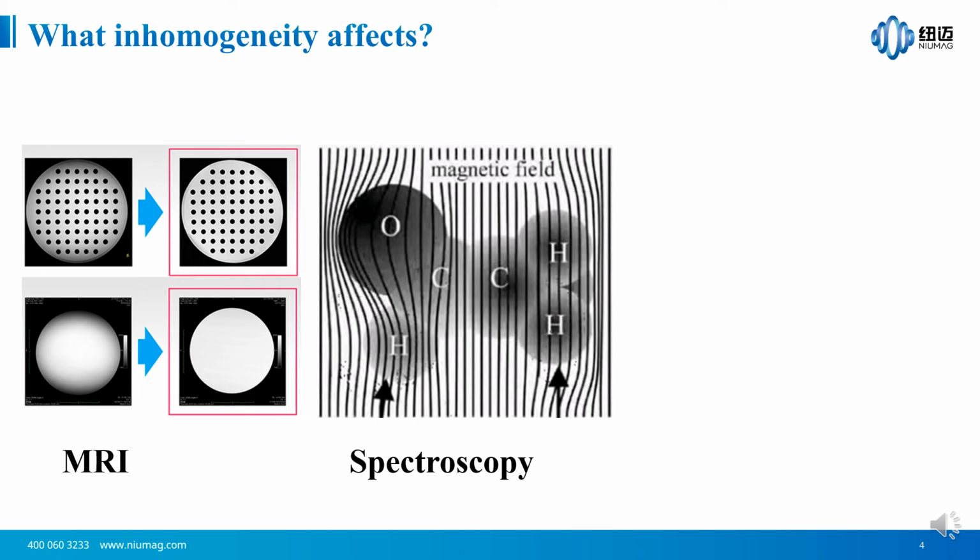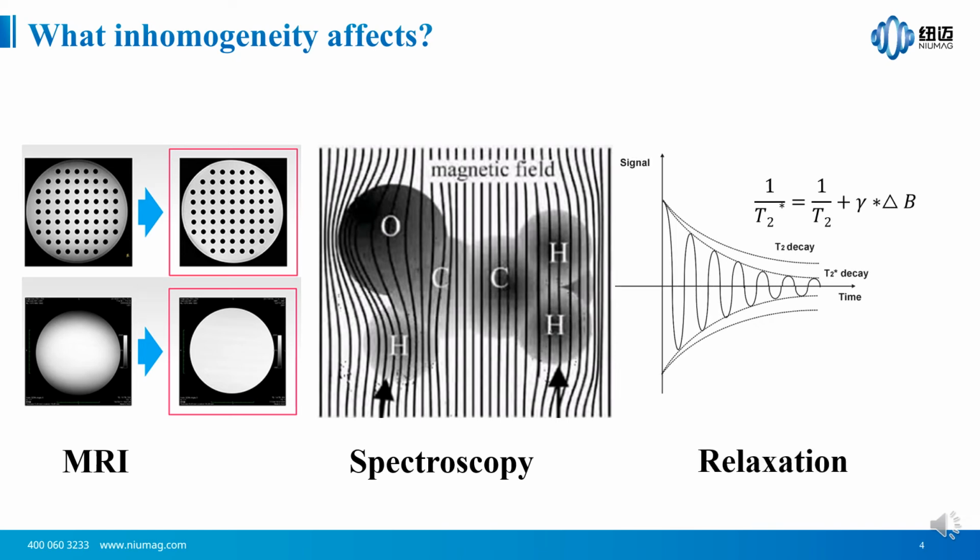If the chemical shift of the two hydrogen nuclei is 3 ppm, but the magnetic field inhomogeneity is greater than 3 ppm, then we may not be able to distinguish the frequency difference between the two hydrogen nuclei due to the influence of the magnetic field homogeneity. Therefore, chemical shift experiments require higher homogeneity of the magnetic field.